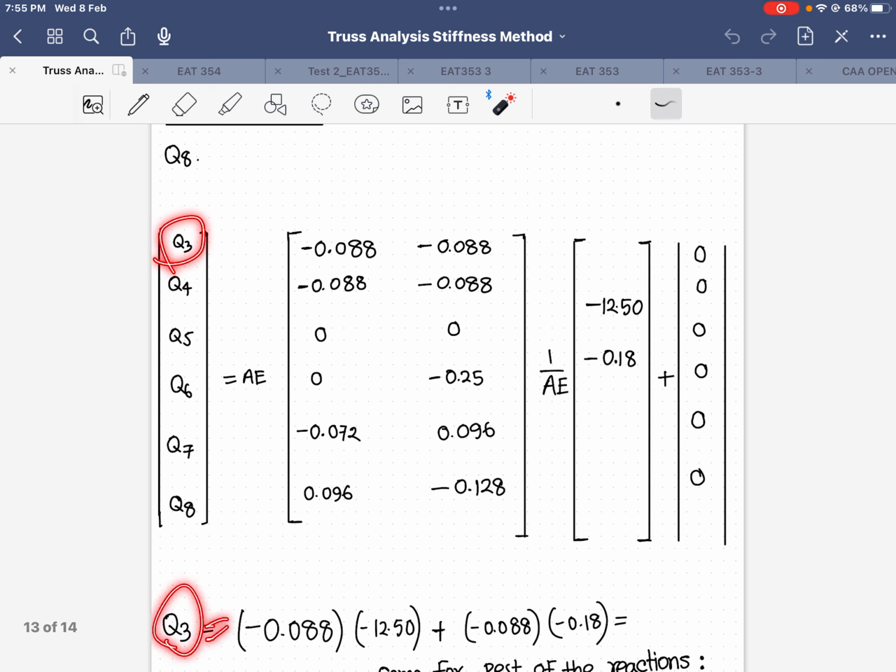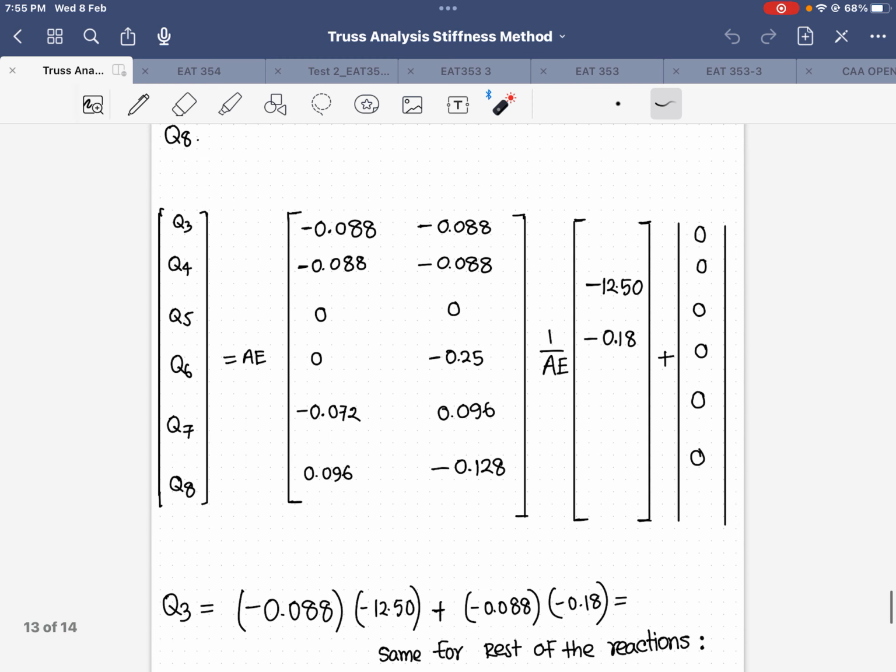If I want to get q3, I follow the matrix calculations. The first number is negative 0.088, and we multiply, then we have the plus 0. In this case there is no sense to add 0, so I ignored the 0.